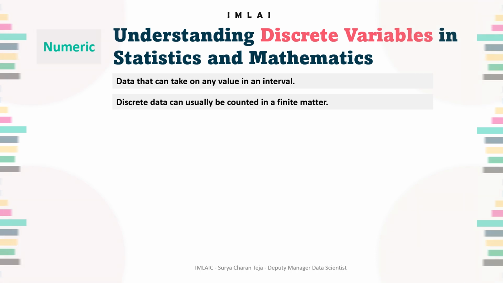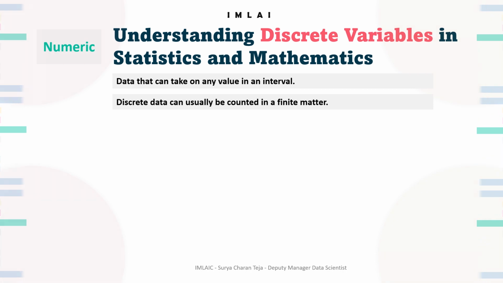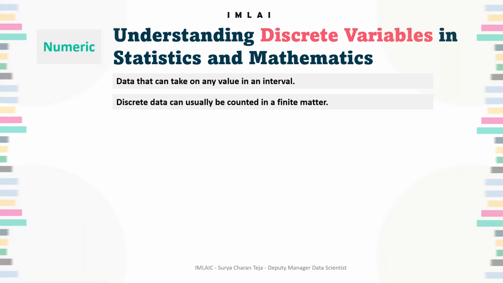So basically it's widely used for the count of something: how many siblings, sisters, or friends you have. These are some of the examples for discrete variables.